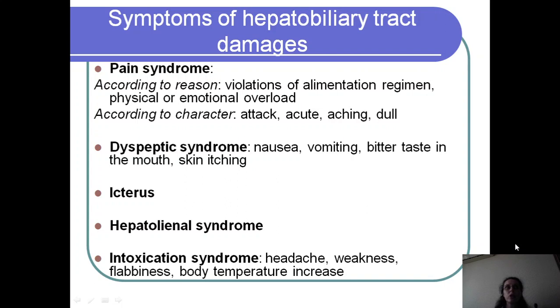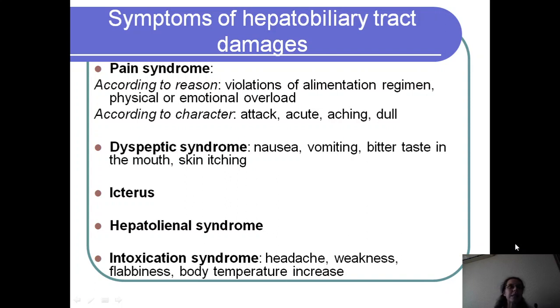First of all, we need to identify localization of pain, periodicity of pain, character of pain, its irradiation, provoking factors, and those factors which help to remove the pain. I will give you a short sample of how it may help us.